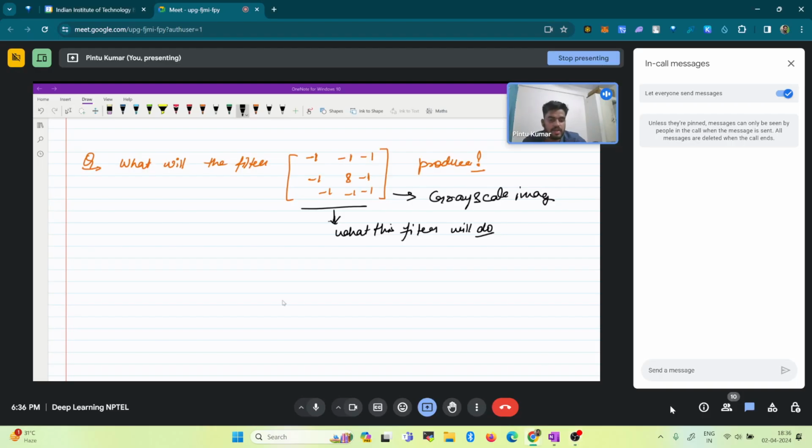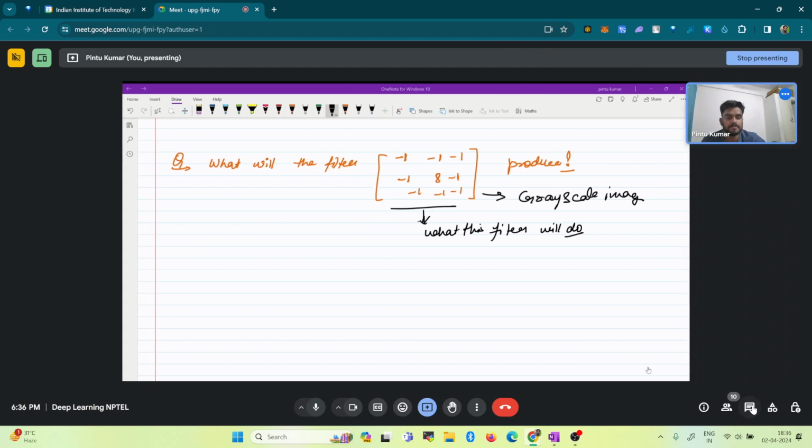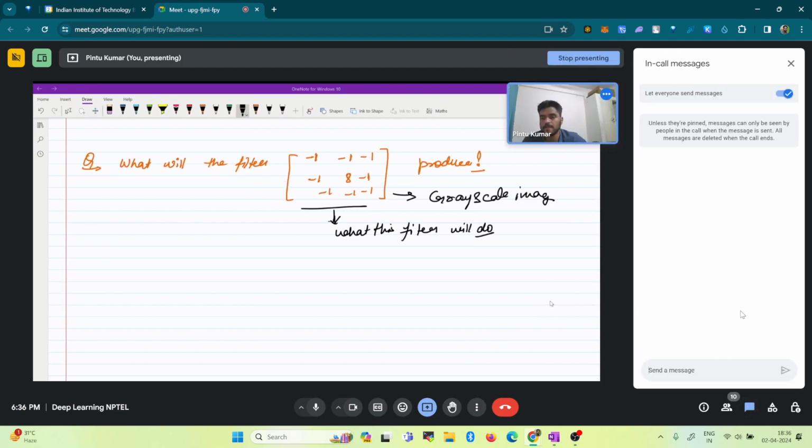I'll wait for your answers. Like, what do you think this filter will do? Sharpen. Okay, we'll see. Why would it sharpen? Edge detection. Yeah. Okay, so we'll see what would happen.